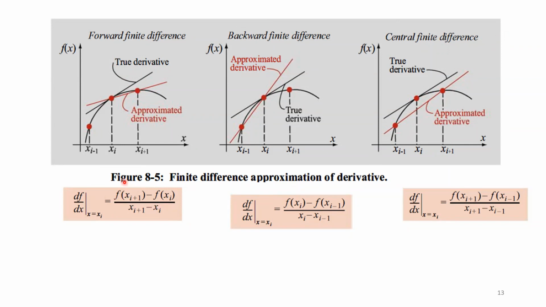So this is just really quick. Just use these equations. You'll need this for your labs, for your homework. Basically, we're just getting the xi plus 1 or the xi minus 1, or just the difference between those two. Okay, any questions about that?